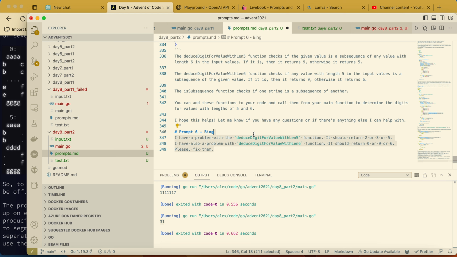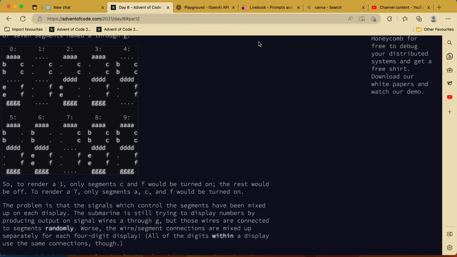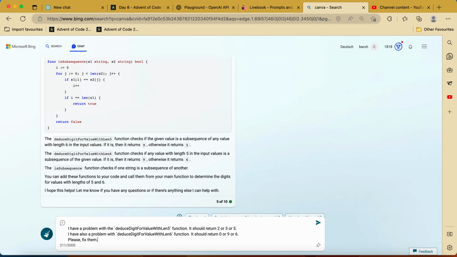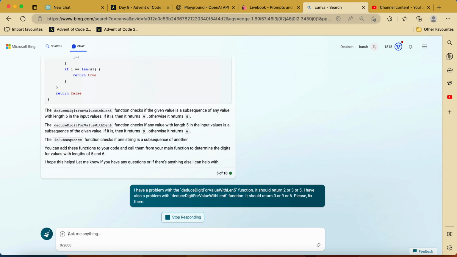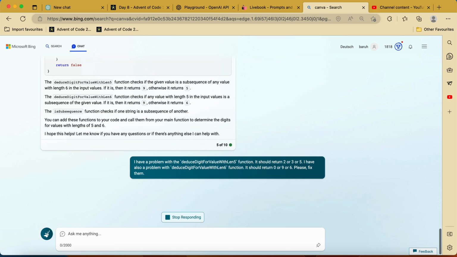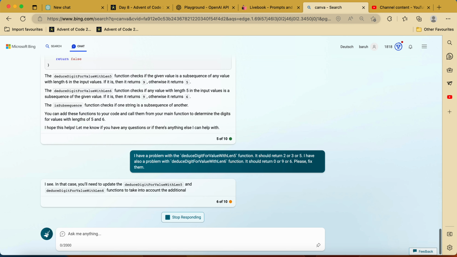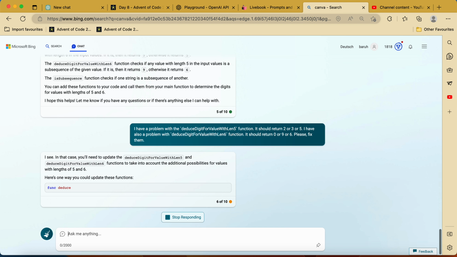Okay, instead of going down the rabbit hole and trying to fix the logic, we need to get to the point that we like the form of the functions, and after that we can iterate a little bit and see if we can fix it.